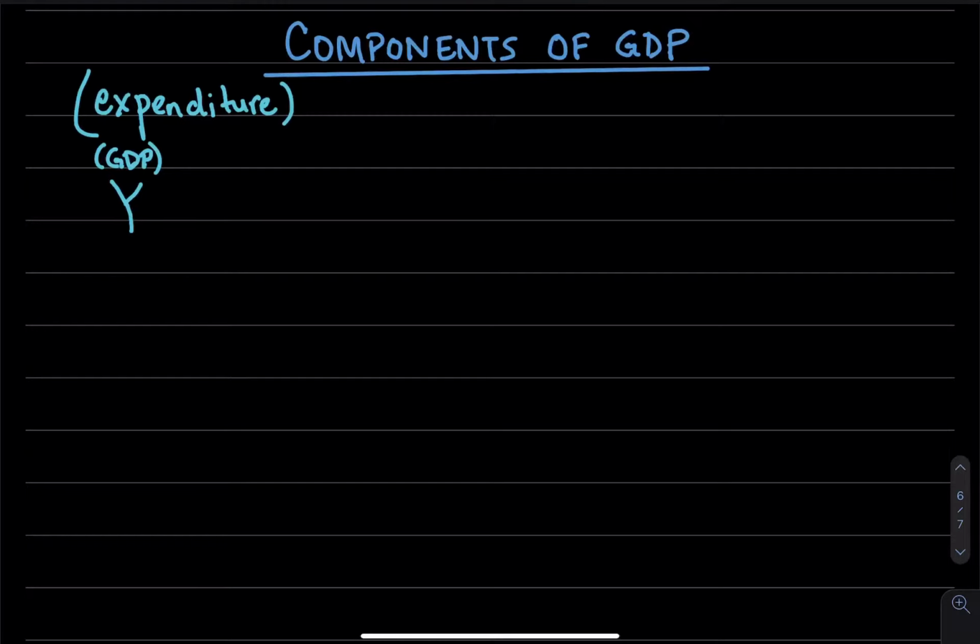And we want to understand, because we know GDP is the market value of all final goods and services produced within a country in a given period of time, we can think about who spends on these goods and services that are produced. So one way to do this is to answer this question, who spends on these goods and services?